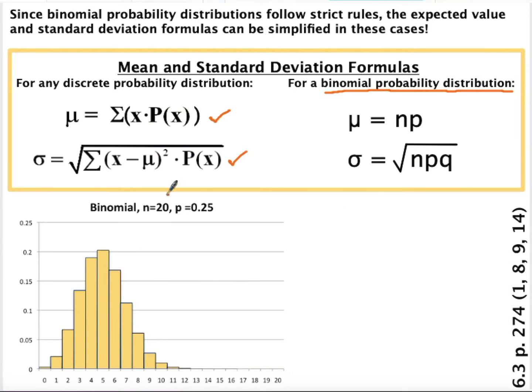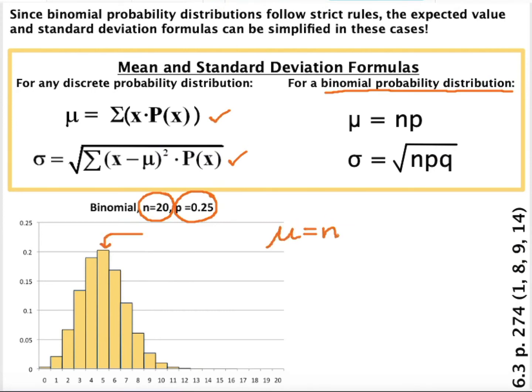Here I've got, let's say, a 20-question multiple choice test, where I'm guessing with 25% accuracy, and there are my chances of getting X problems correct out of 20. What I'd want to do is to calculate that expected value.